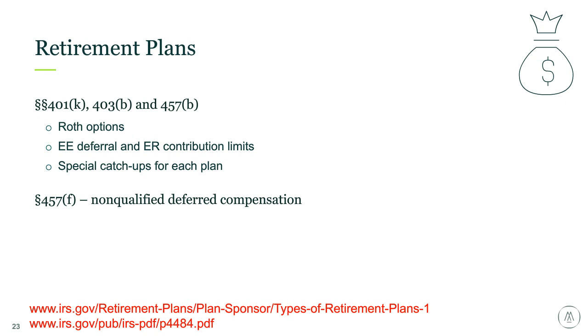But 457B plans don't allow other special catch-up opportunities. So this year, the contribution for deferrals is $19,000. It's the same amount across the board for the 401k, 403B, and 457. And then the catch-up opportunity in the 401k and the 403B plan areas are $6,000 this year.